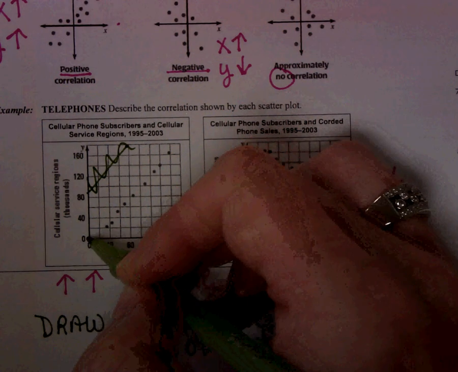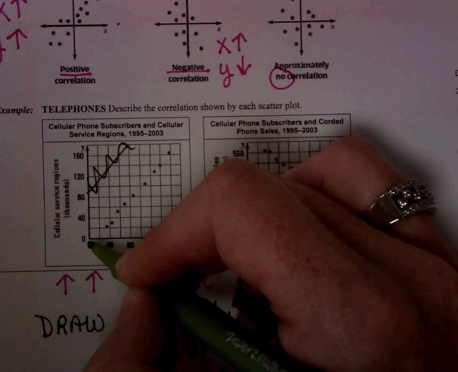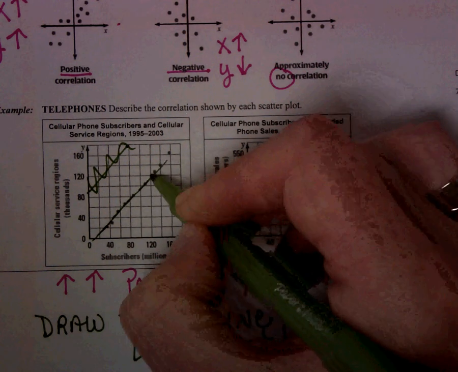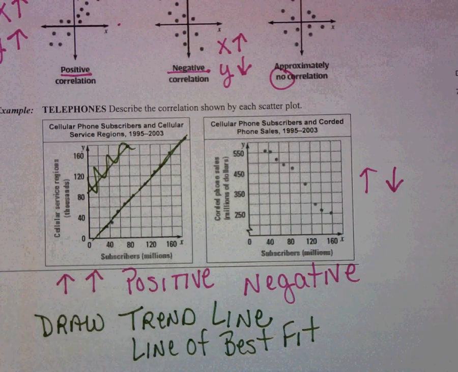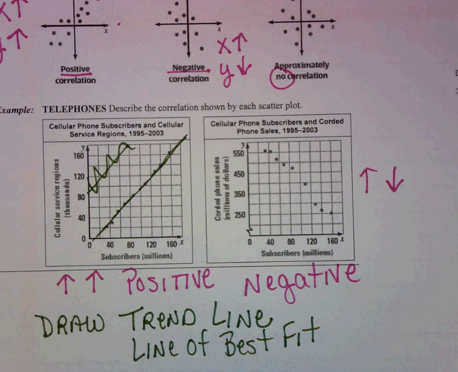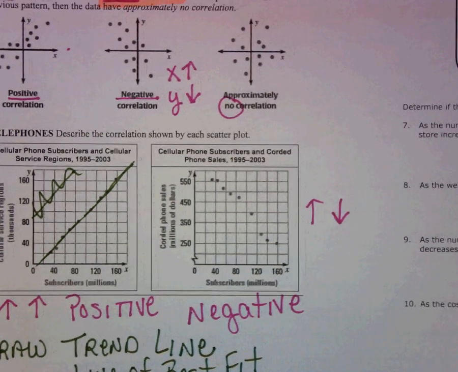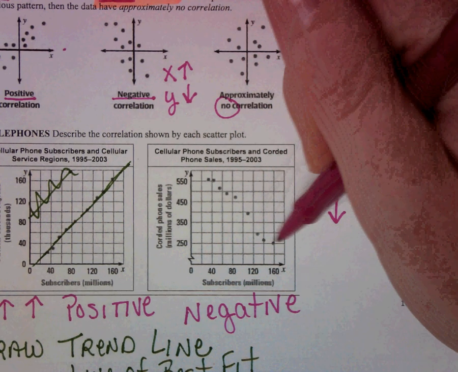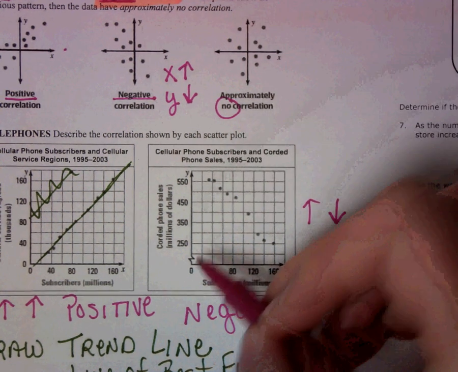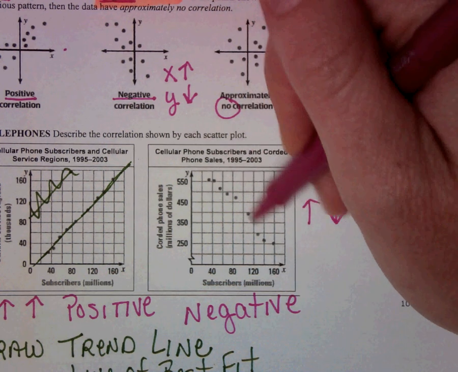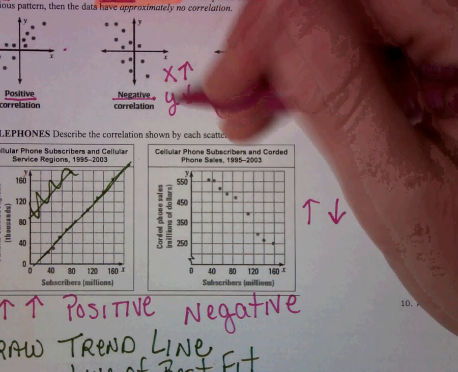It doesn't have to go through 0, 0. In fact, I probably would start mine a little bit lower and get a nice trend line. Because those points are so close together, we can get a really good trend line going through most of the points. Now the negative association, the negative one, is a little bit more spread out. And so you can see, obviously, I'm not going to draw a positive trend line. I've got to draw a negative trend line, and these are a little bit trickier.